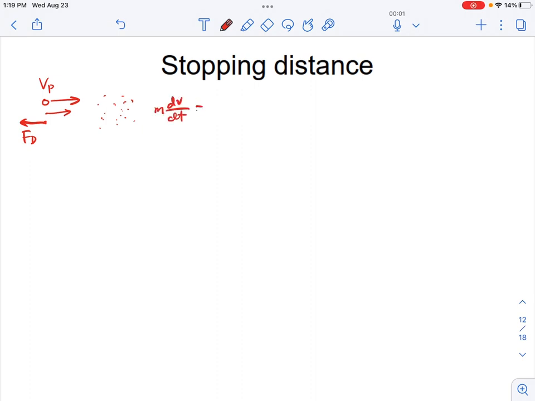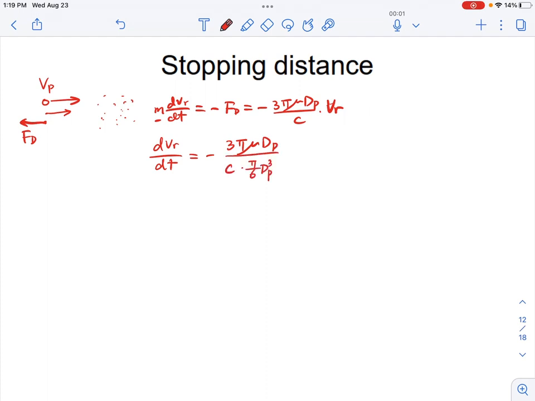So m dv/dt should equal minus Fd, that's minus 3 pi mu dp divided by C multiplied by Vr. Again, we should use Vr here. Then we divide by m on both sides. So dVr/dt equals minus 3 pi mu dp divided by C, over pi over 6 dp cubed rho p, times Vr.